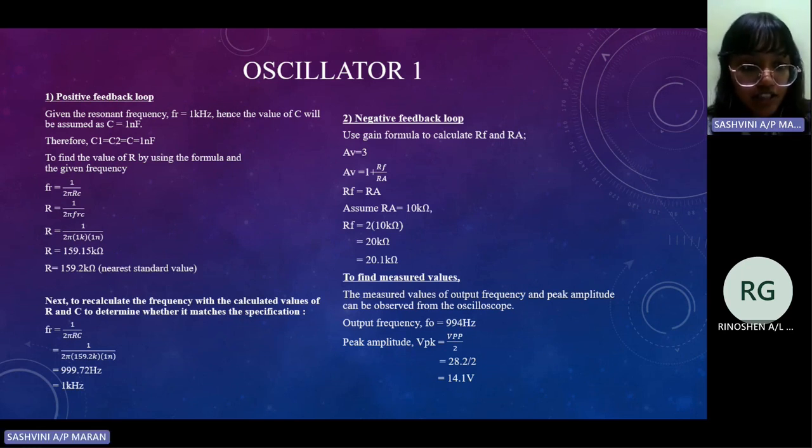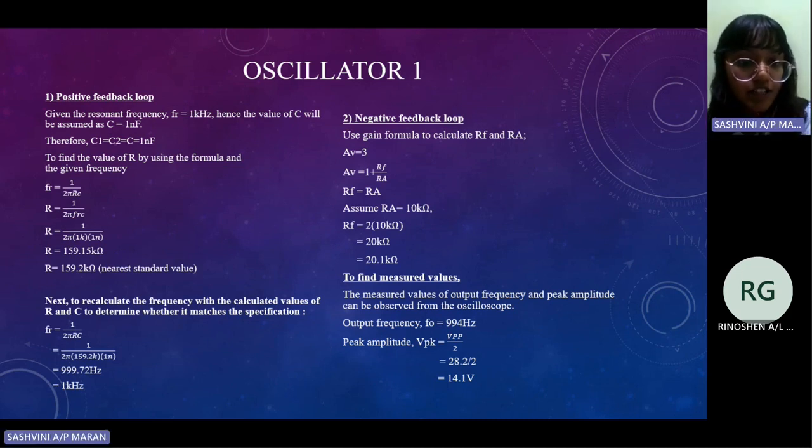To get it in terms of R, the formula will equal 1 over 2 pi Fr times C. By substituting the values of Fr and C, it can be obtained that the value of R equals 159.2 kilo ohms to the nearest standard value.